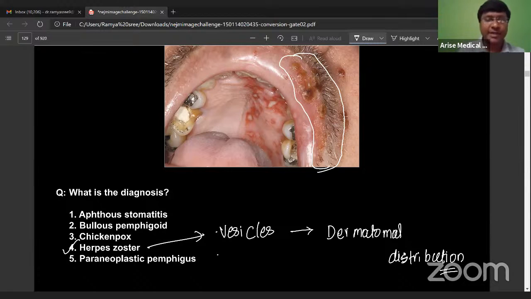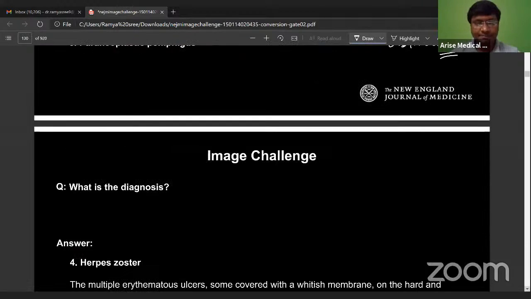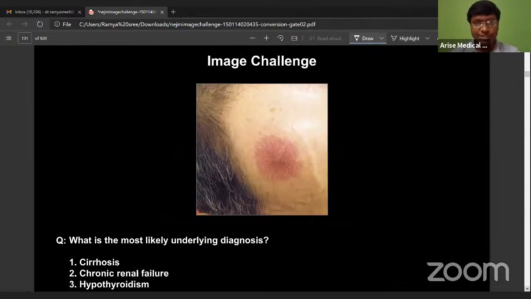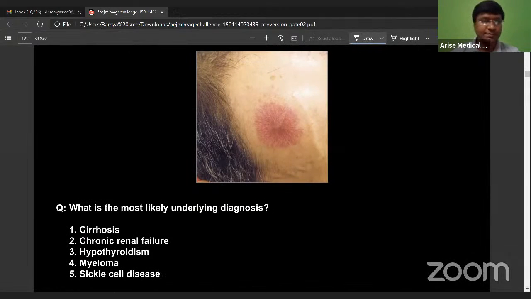So that is what your lesions of herpes zoster are. Okay, right. Now, after having discussed the lesions of herpes zoster, let me take up the next image. Yeah, so this is very interesting.